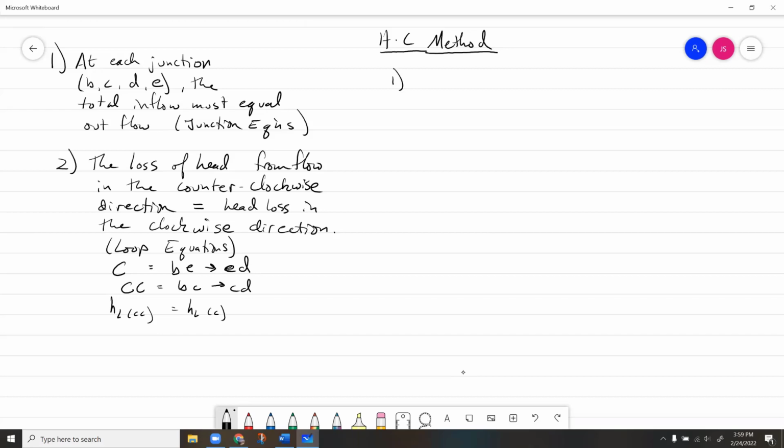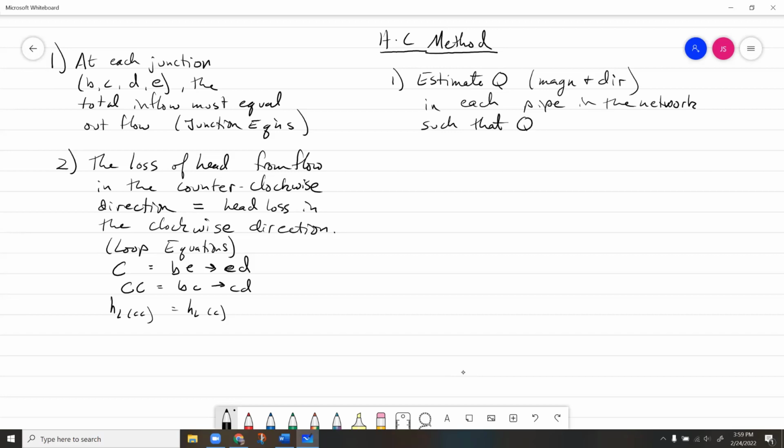So first we estimate the flows, the magnitude of the flows and the direction, like we just did in that figure, in each pipe in the network, such that Q in is equal to Q out at each junction.